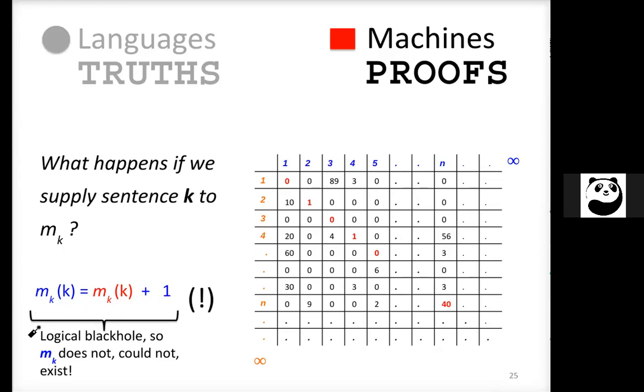Notice here that we are arriving at these logical black holes using self-referential thinking. It has been the case in every possible roadblock that we have stumbled upon, starting from Russell's paradox, which dealt a blow to naive set theory, and then Gödel's results, which also contain self-reference, and now with decidability as well.